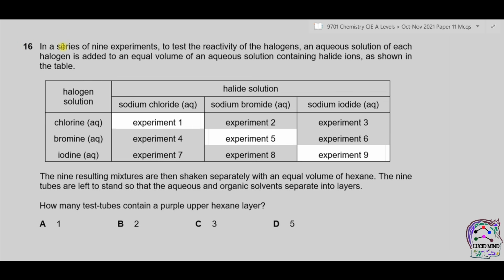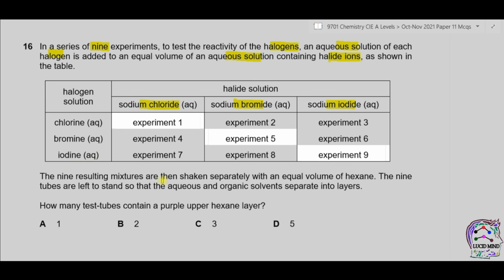Question 16. In a series of 9 experiments to test the reactivity of halogens, an aqueous solution of each halogen is added to an equal volume of an aqueous solution containing halide ions. As shown in the table, we have aqueous chlorine, aqueous bromine, aqueous iodine, and it is reactive with sodium chloride, sodium bromide and sodium iodide.